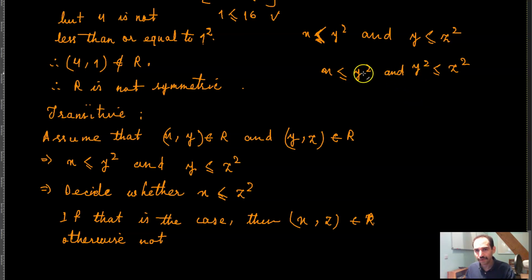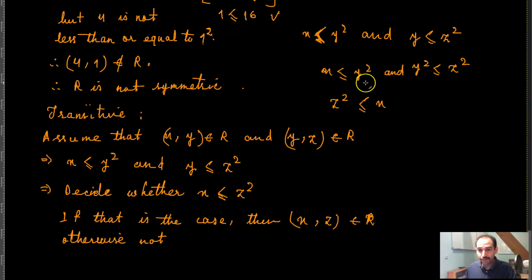So you can argue that y squared is greater than or equal to x and less than or equal to z squared.